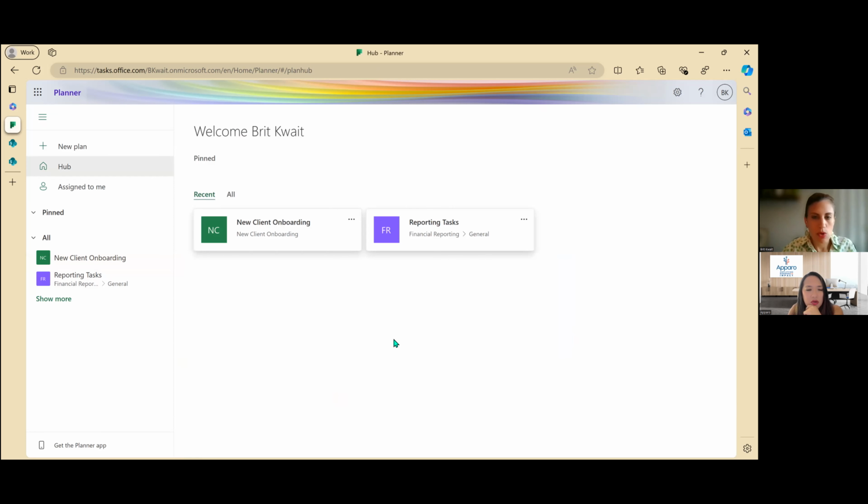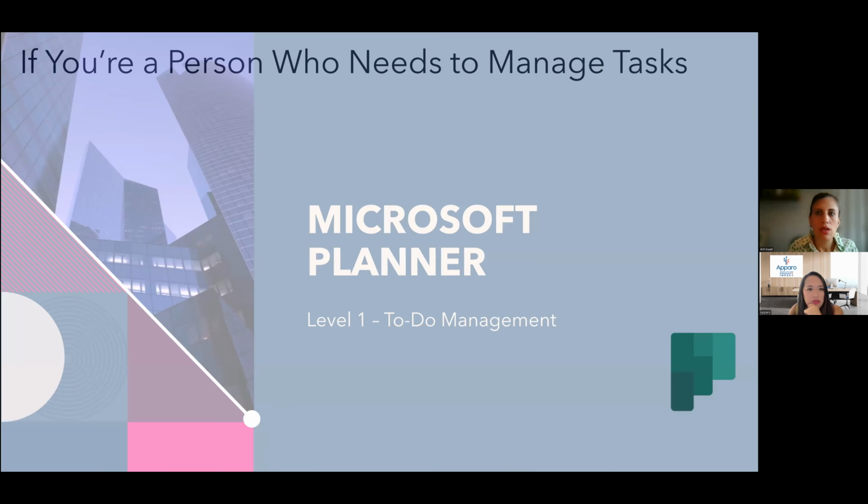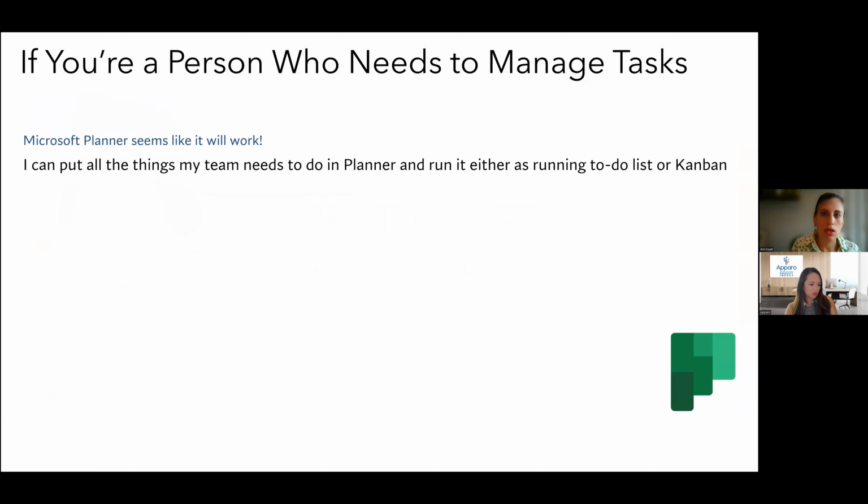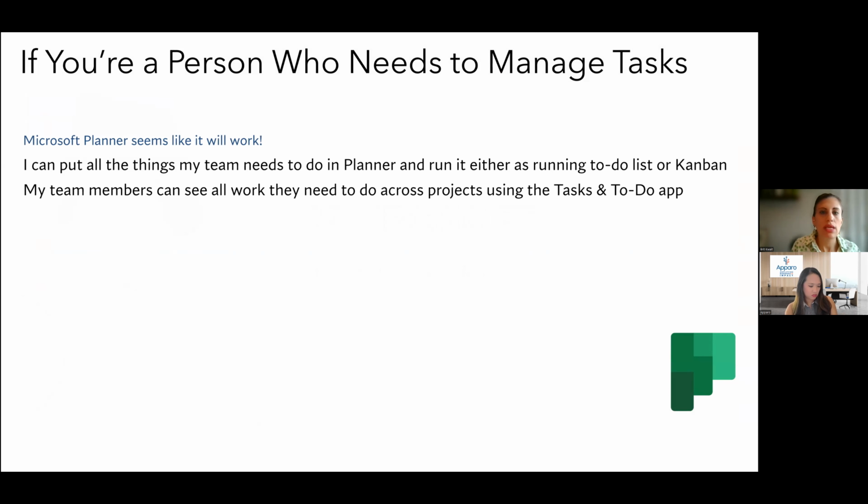So let me go back to the deck. If you need to manage tasks, Microsoft Planner will probably work. You can put all of the things that you need to do or all the things your team needs to do in Planner. They can see the work that they need to do across Planner, and they can look at it in the To-Do app.